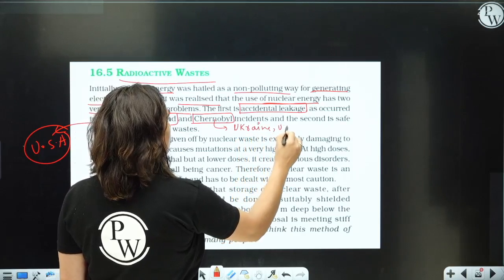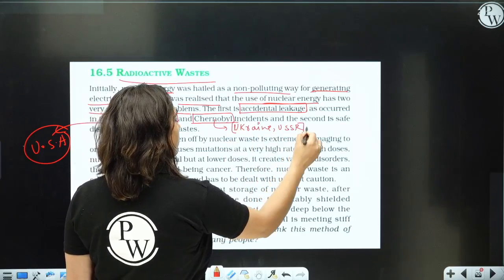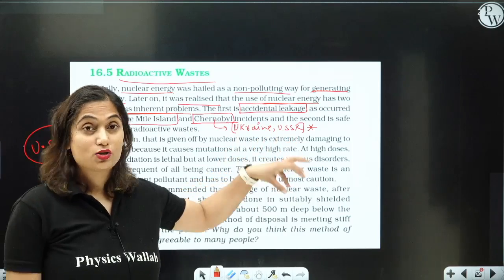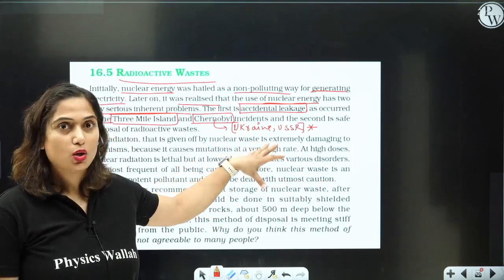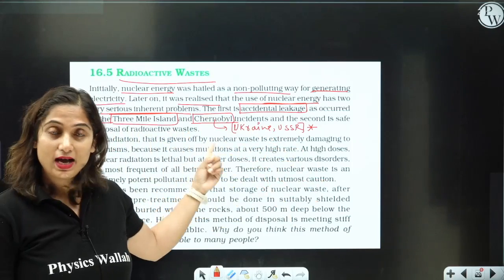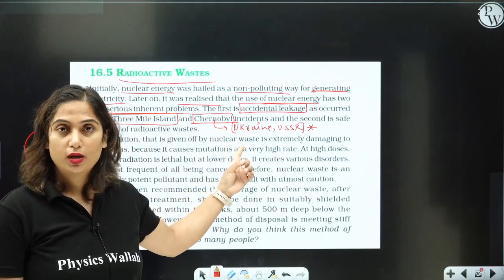Right now, Ukraine is a very hot topic of discussion. So in the USSR, when the states were united, the Chernobyl incident was the talk of the town. So these are the two important incidents: Three Mile Island in the USA and Chernobyl in Ukraine, USSR.